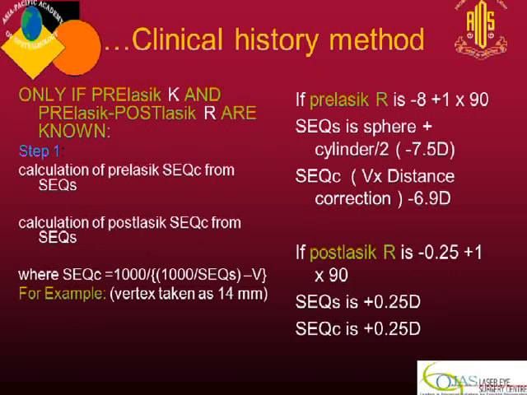It's very important that only if the pre-LASIK K and the pre-LASIK and post-LASIK refraction are known, that you go into these different steps. You calculate the pre-LASIK spherical equivalent at the corneal plane from the spherical equivalent at the spectacle plane, and you convert it, and then you get the effective correction.